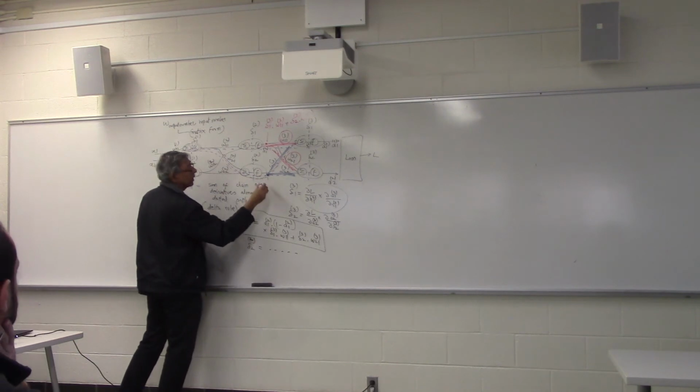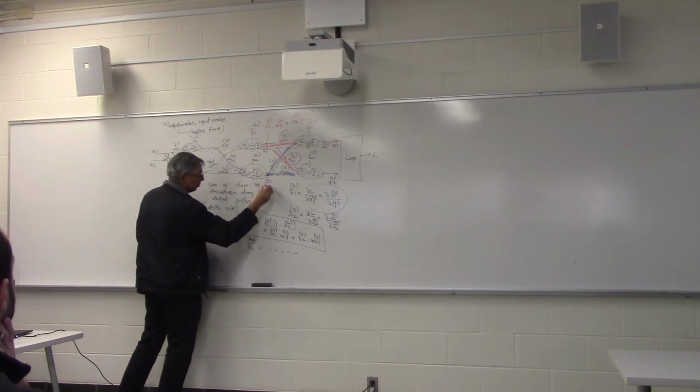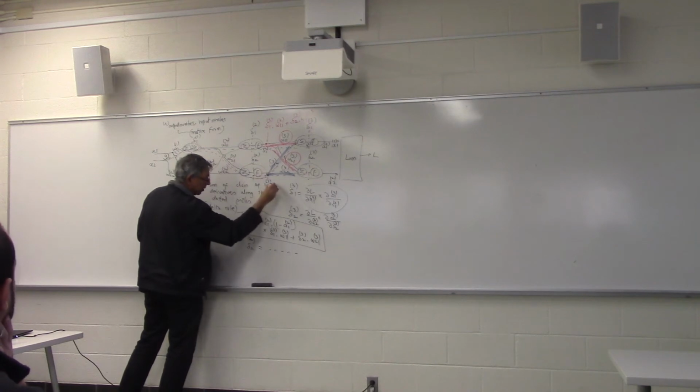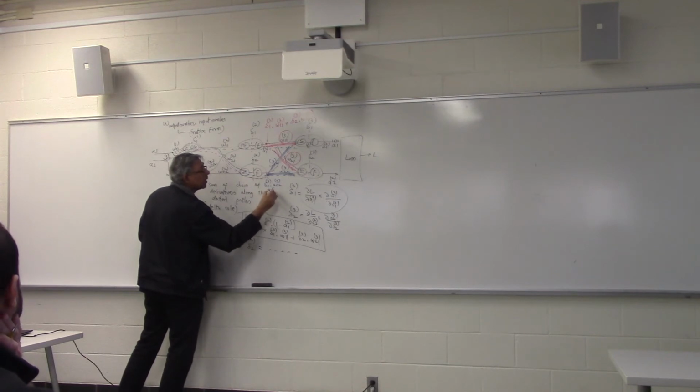So for example, this will be delta 1 of 3 times, what's the weight that goes this way? W1 2 of 3, plus this delta 2 of 3 times W2 2 of 3.